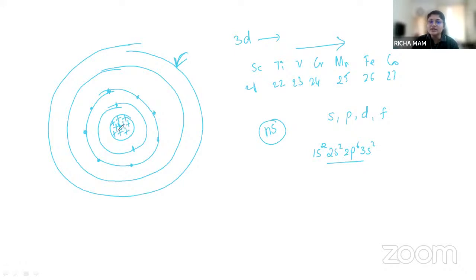Now, whatever positive charge the nucleus has, in this electron system you can see two types of forces: one will be an attractive force, and another will be a repulsive force.